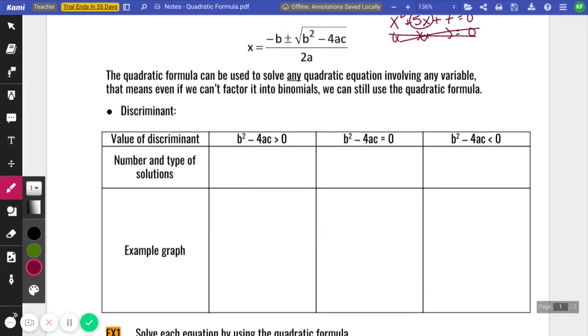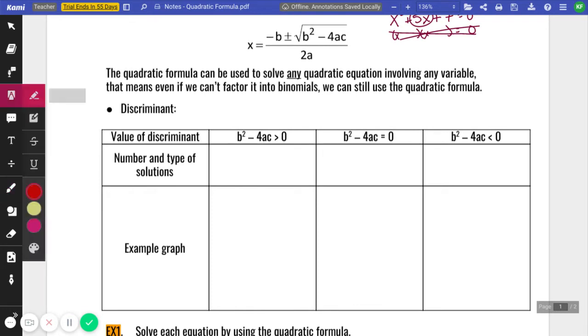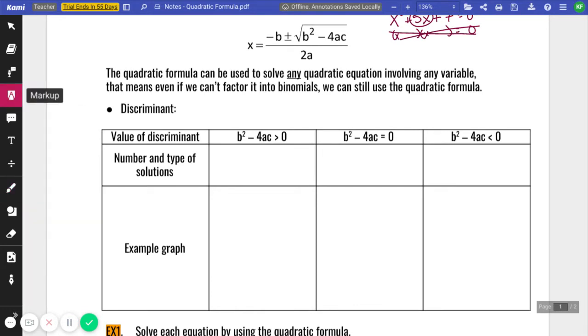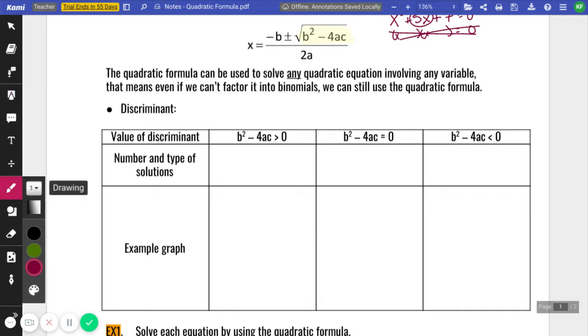The quadratic formula has this special little part in it called the discriminant. And I'm going to highlight it right here in this very pale color that you probably can't see. Awesome. The discriminant is the part under the square root. So it's b squared minus 4ac.